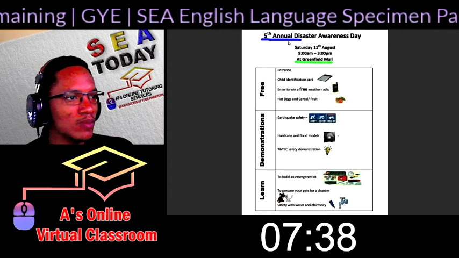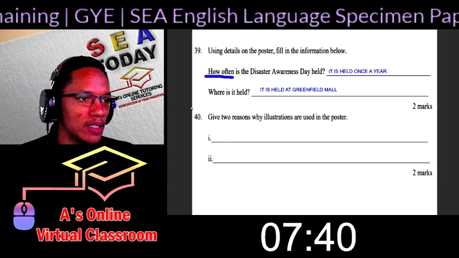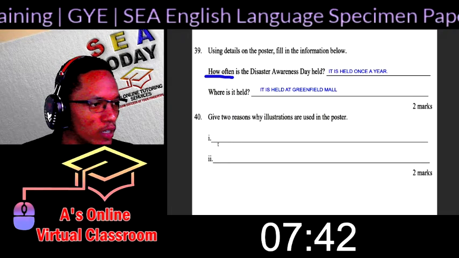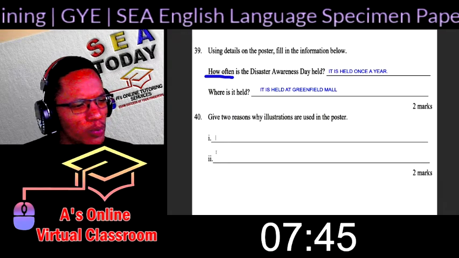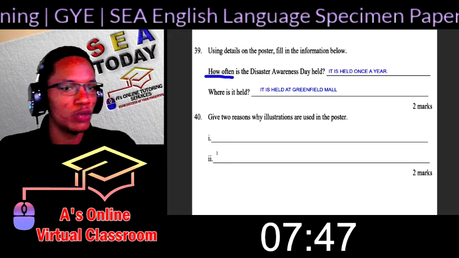So we're going to answer that by saying 2 reasons why illustrations are used in a poster. We don't have to put a full sentence because it's point 1 and point 2.